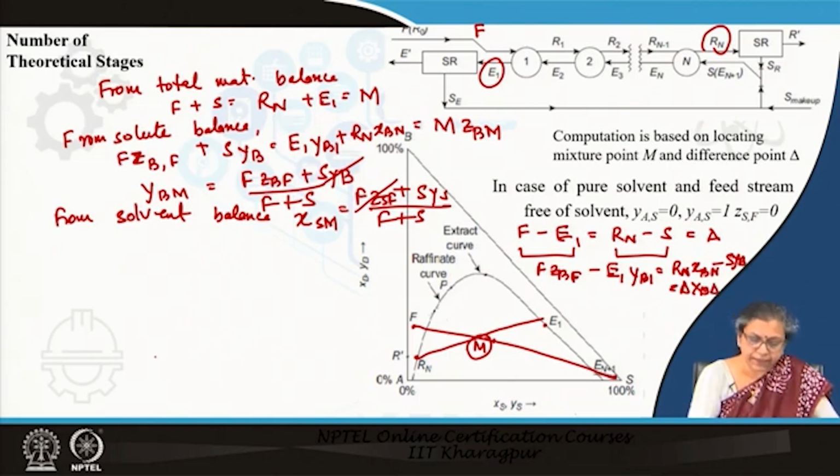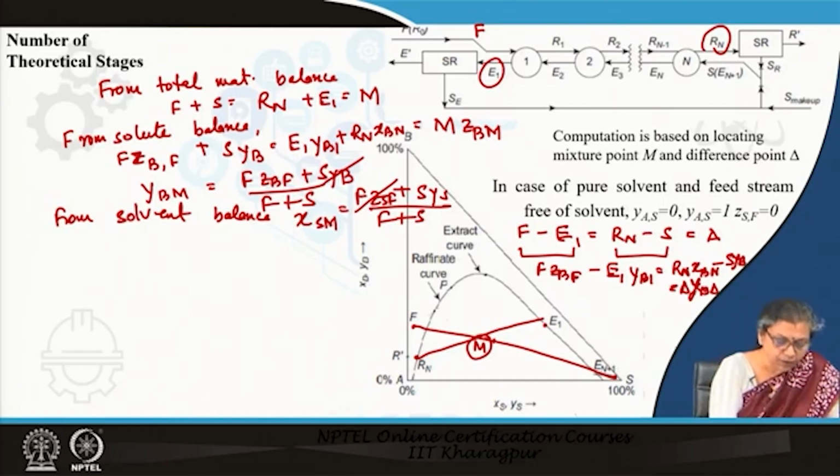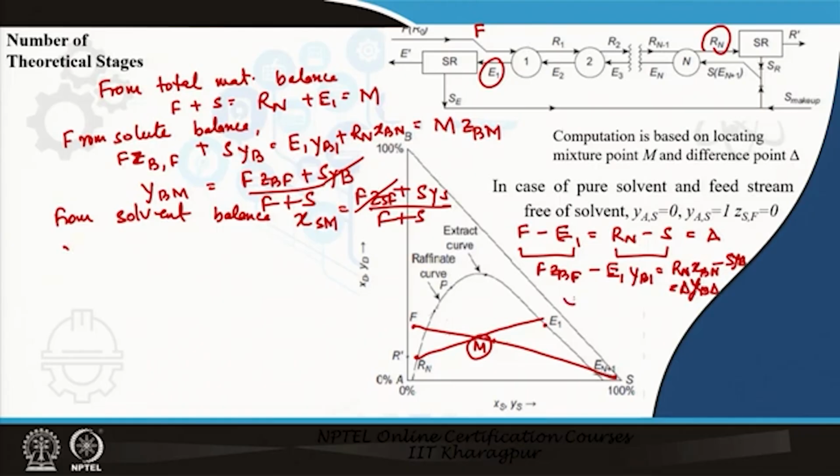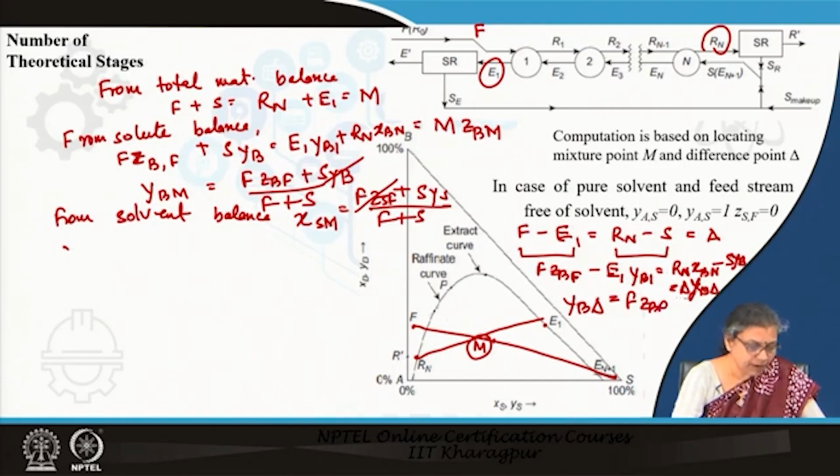It should actually be Y B delta, not X, because we shall be getting the Y coordinate from here. So from here, we get Y B delta equal to F Z B F minus E1 Y B 1 divided by F minus E1, and in the same way you can find out the X S delta as well.